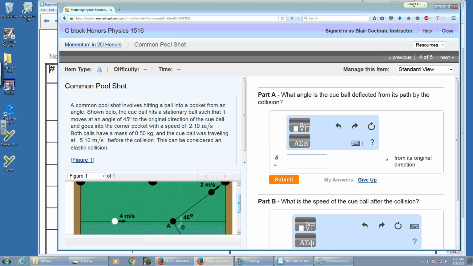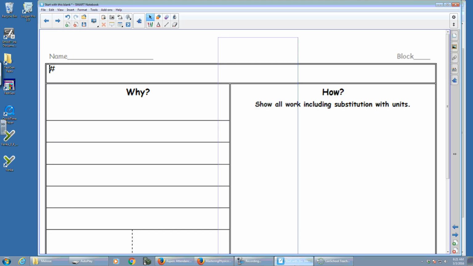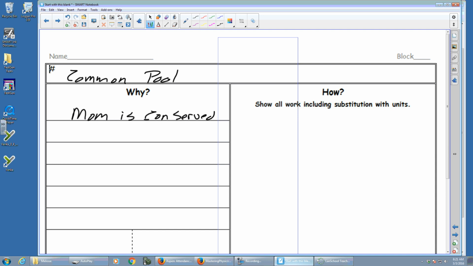So not only is momentum conserved, but so is kinetic energy.